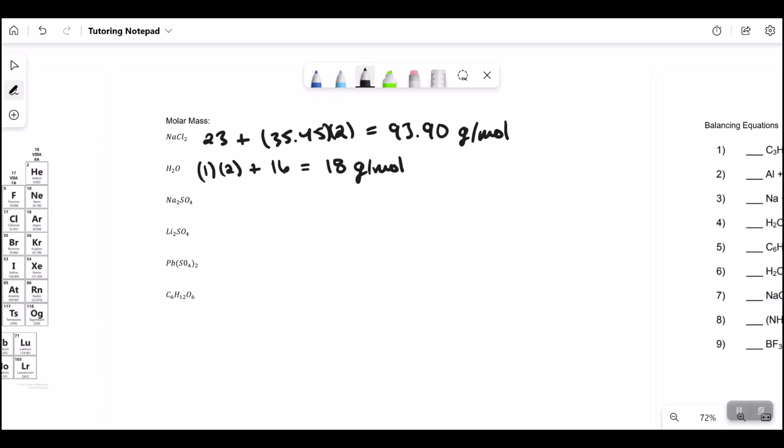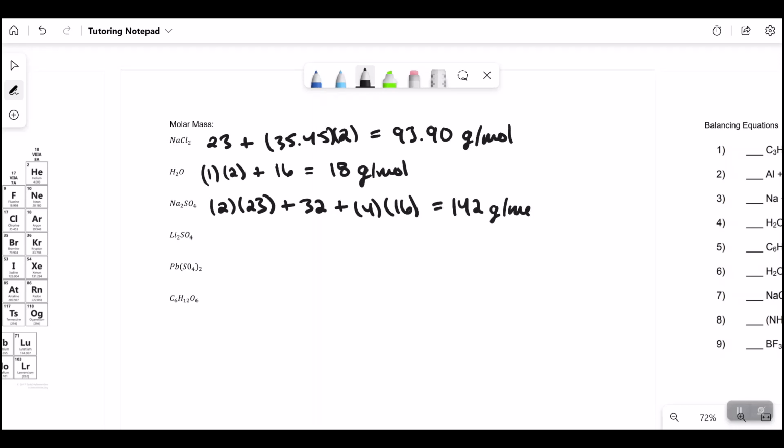Then we have Na2SO4. We can divide these into 3 steps. So we have a mass of Na of 23, times 2, plus 32 for sulfur, plus 4 oxygen, times 16 for its mass, which gives grams per mole.